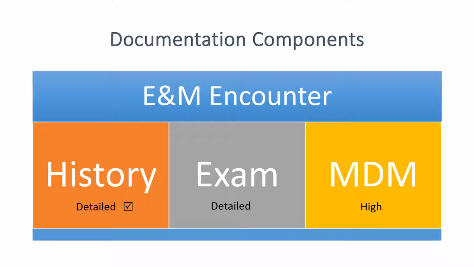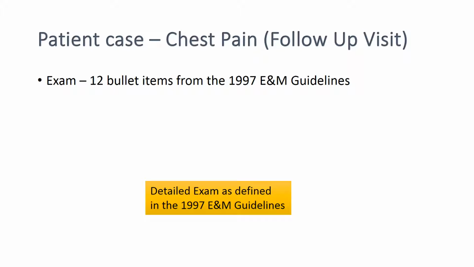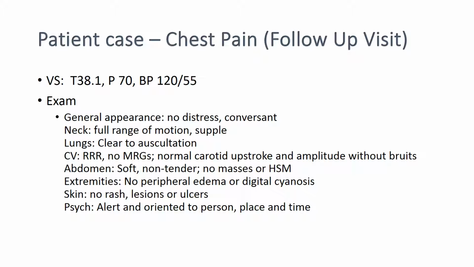We're going to talk about examination. We need to document 12 bulleted items from the 1997 E&M guidelines. So for this patient, we can document the vital signs.